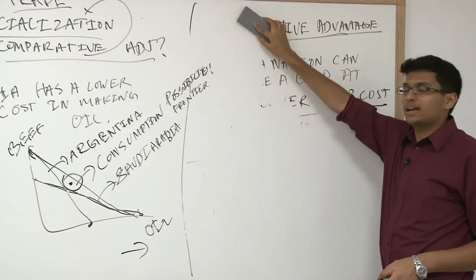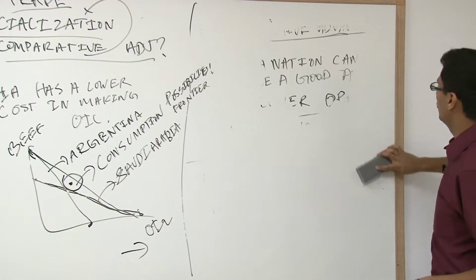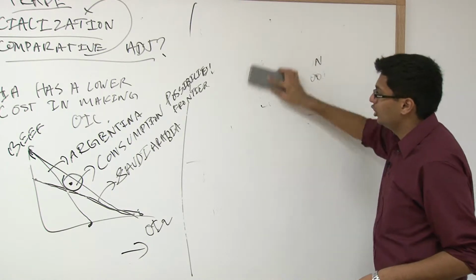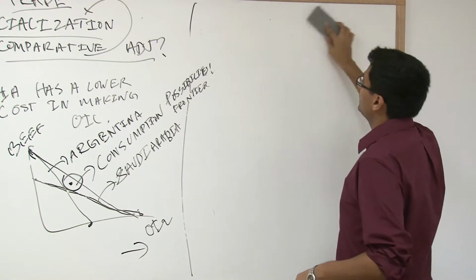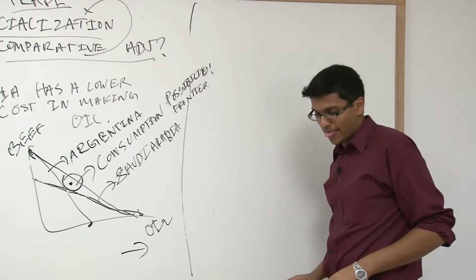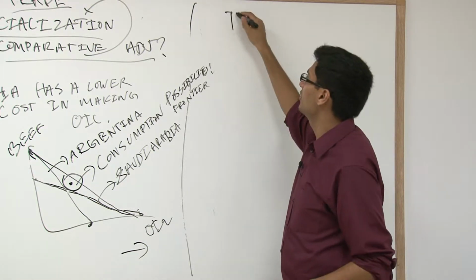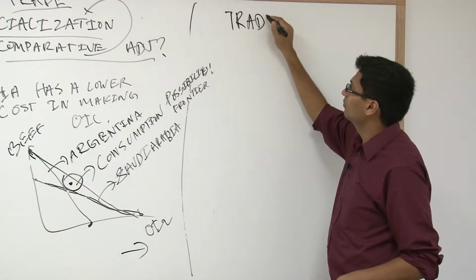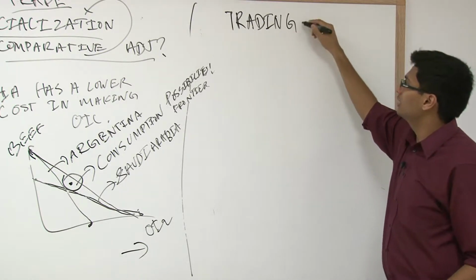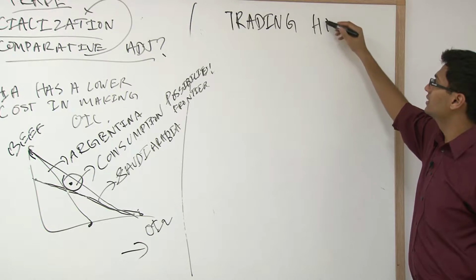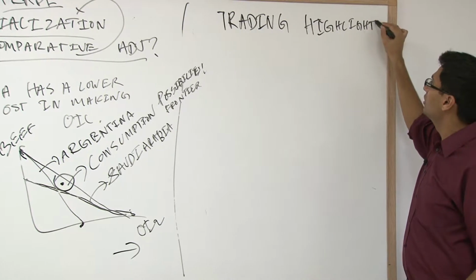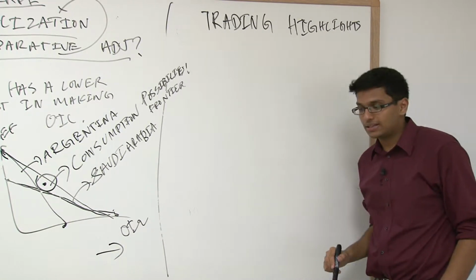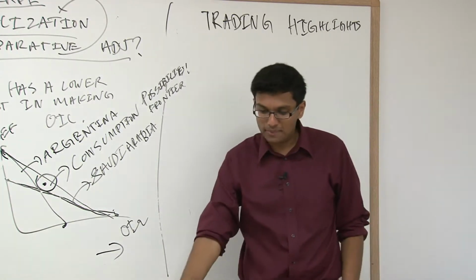We sort of understand that when you trade and you specialize, you get to consume more than you actually are limited to domestically. So let's start off with the trading highlights. Trading highlights, all right. So yeah, we talked about the fact that we could tap into a lower cost structure.